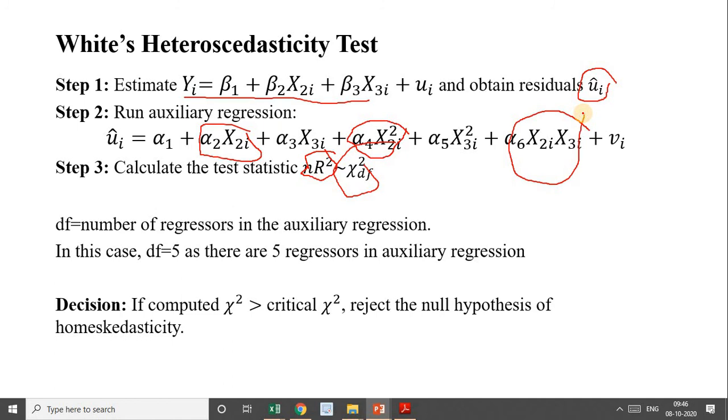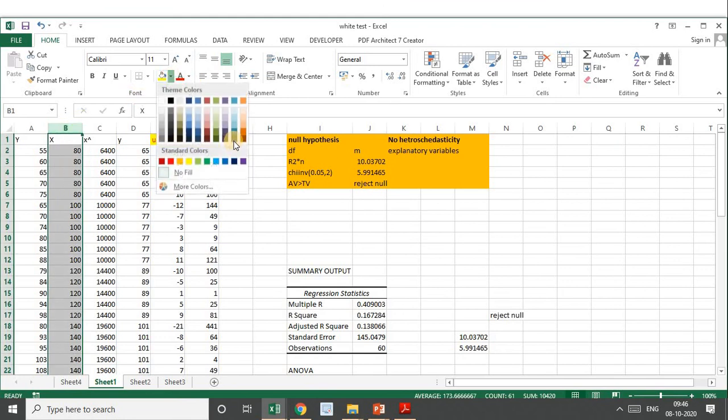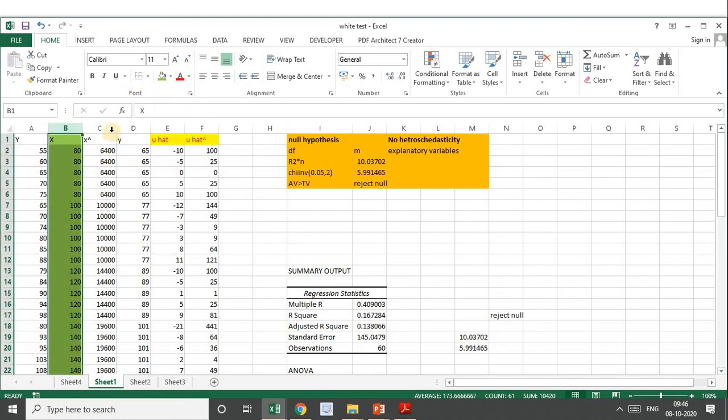Okay, but here in our example we are having only one variable, so there will be x2 and x2 square. Okay, so look at, these are the x values, these are the x square values.